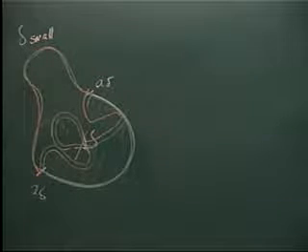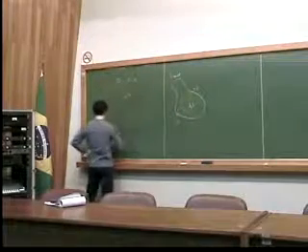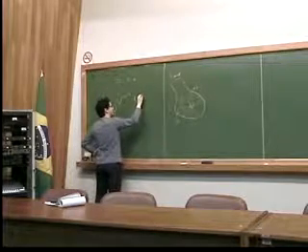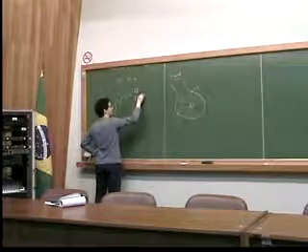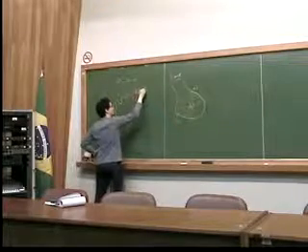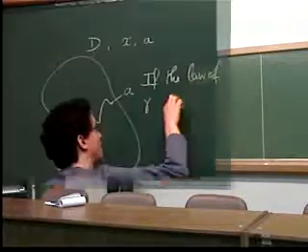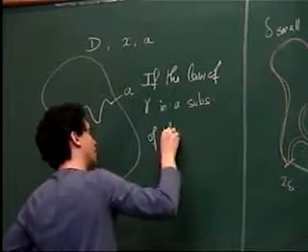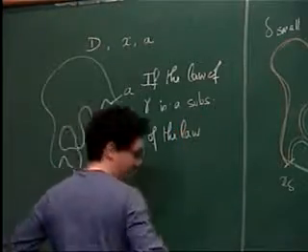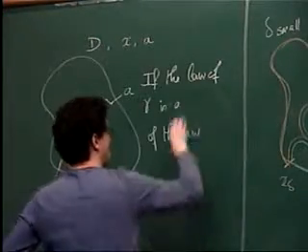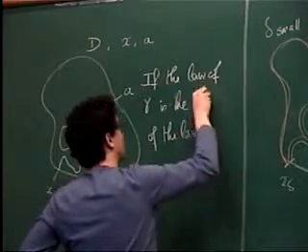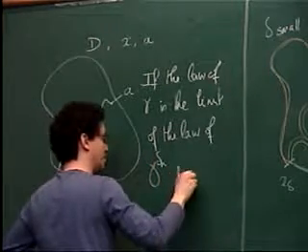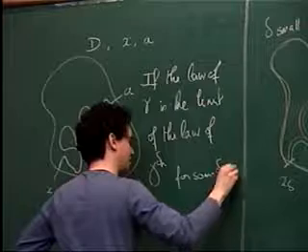Then we said, okay, assume gamma is a subsequential limit, or let's just say a limit, of the law of gamma delta n for some delta n going to 0.